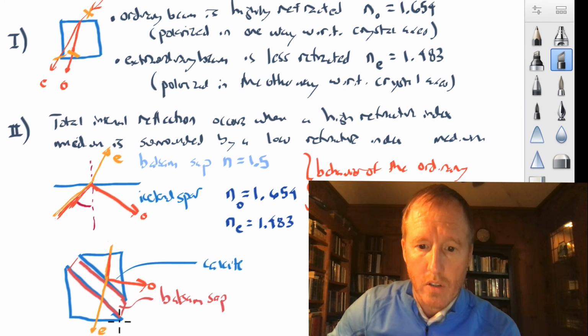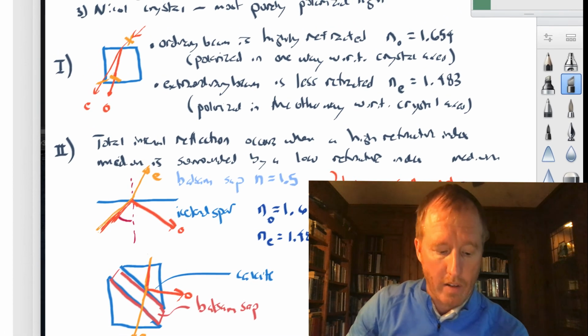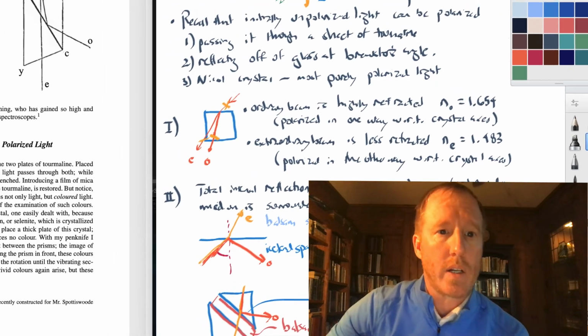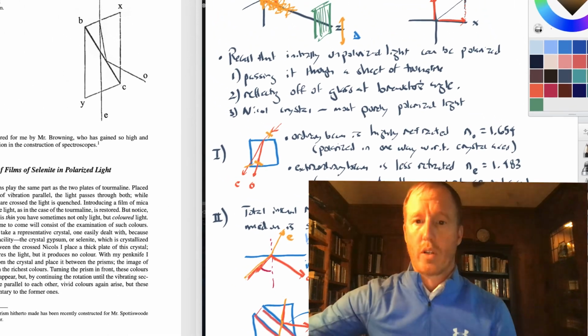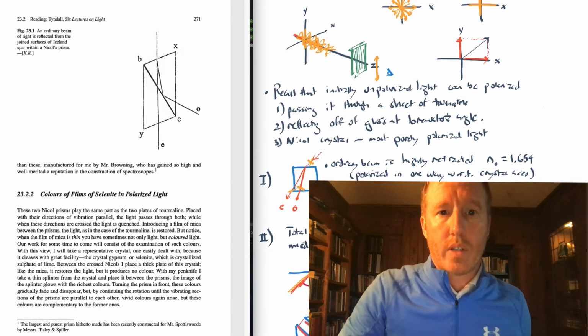Okay, so you can separate out these two beams very efficiently. That is the point of the Nicol prism, and that is what he's depicting in figure 23.1. Okay, so I'm going to stop there.